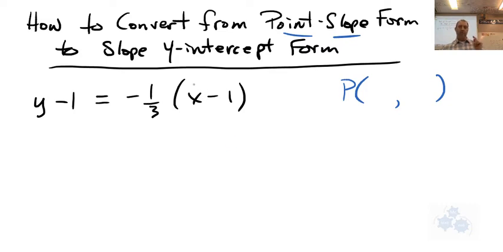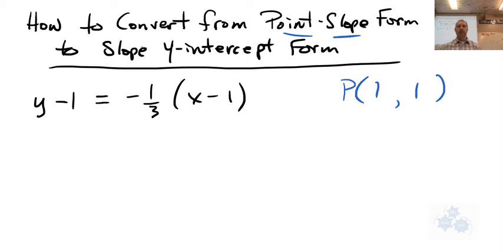Remember, the format is y minus y1, and it's x minus x1. So if these both show minus, it's 1, 1. You take the other sign, positive 1 is the x, and positive 1 is the y. And the slope, of course, is negative 1/3, right?